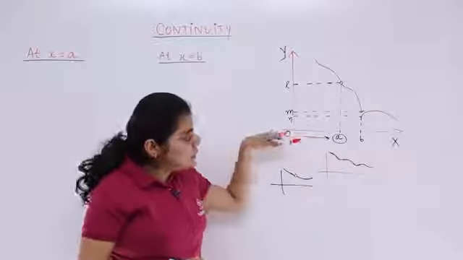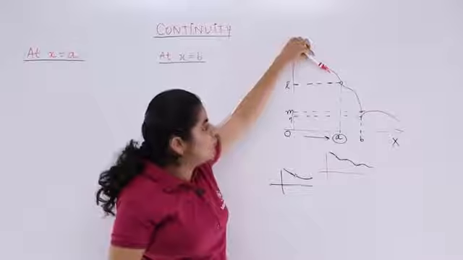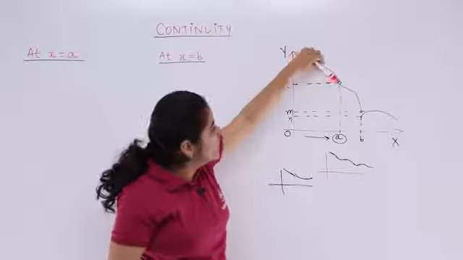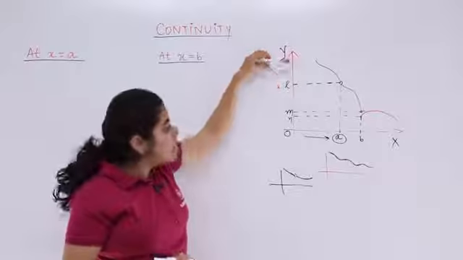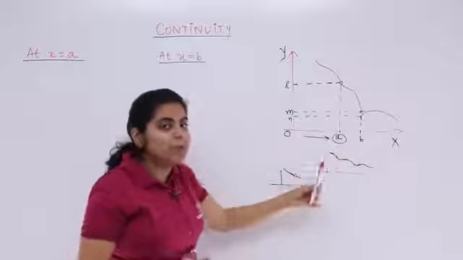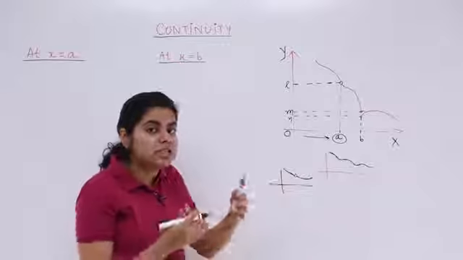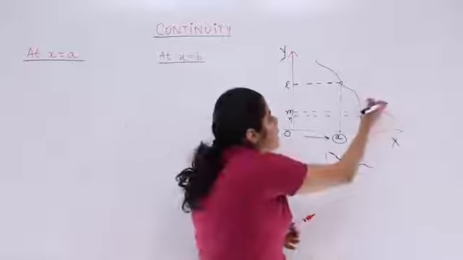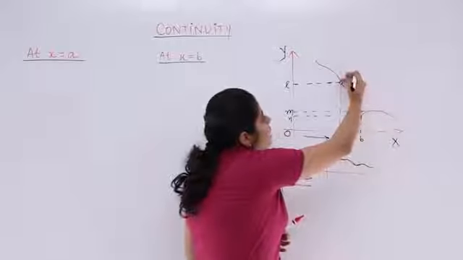Talking about the left hand limit, the curve, if you approach A from the left hand side, gives me the value here at L. But if you approach the same curve from the right hand side of A, from the right neighborhood of A, what does it give?